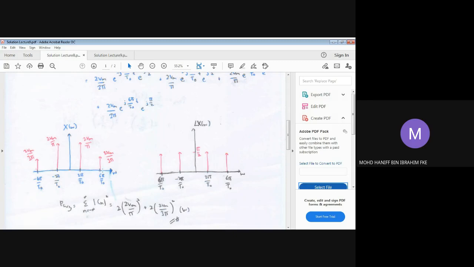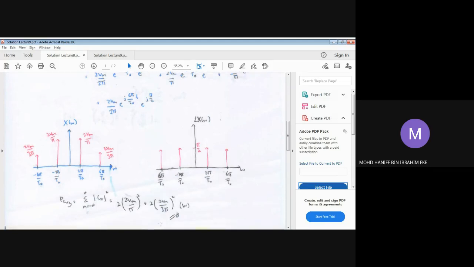But since we have only 4 non-zero terms, we just use 4 terms here to calculate the average power. You cannot calculate from negative infinity to positive infinity; we just calculate based on the amplitude values that we have. So just use the summation to calculate the average power of this x(t) signal. Hopefully it's clear. The power should be in units of watts.